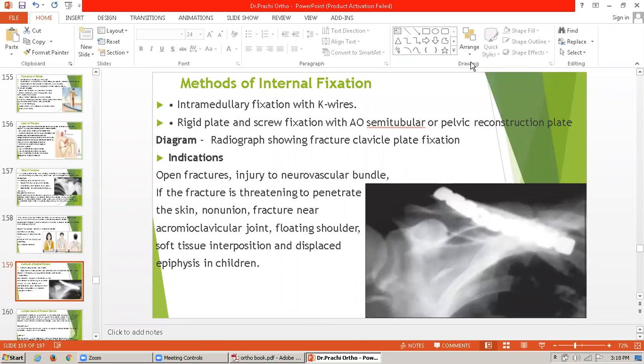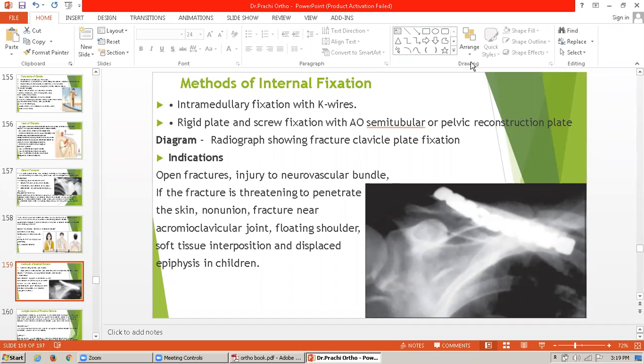Then the method of internal fixation: intramedullary fixation with K-wire, rigid plate, and screw fixation with AO semitubular or pelvic reconstruction plate. The diagram shows a radiograph of fracture clavicle plate fixation.